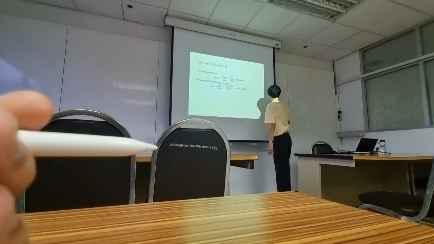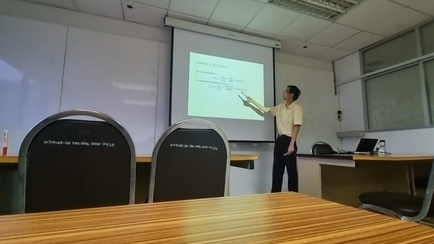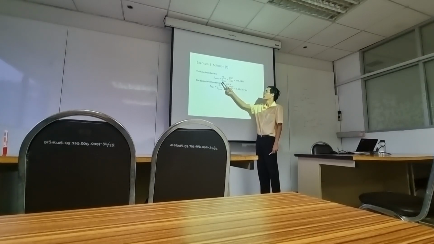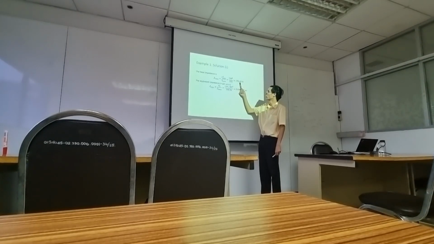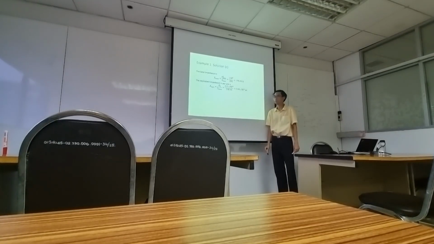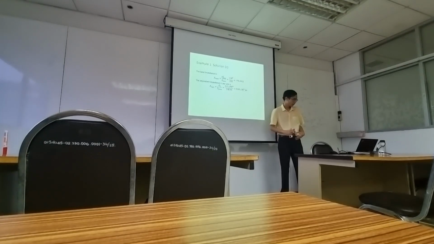The impedance ZS is on the high voltage side, so we need to divide it by Z base on the high voltage side as well. V base squared is 138 squared divided by S base, which is 100. This is given. So you will have this impedance in ohms. ZS in per unit equals ZS divided by Z base. So you get 0.02 angle 85 degrees in per unit. So any question?